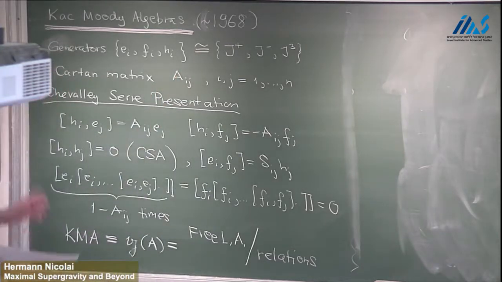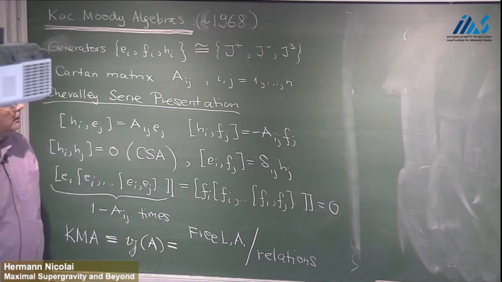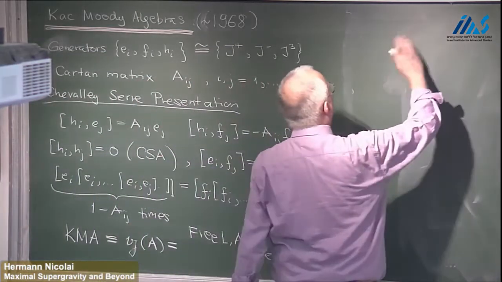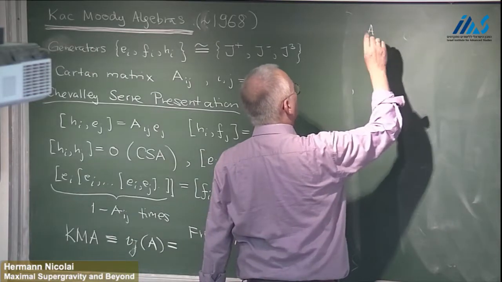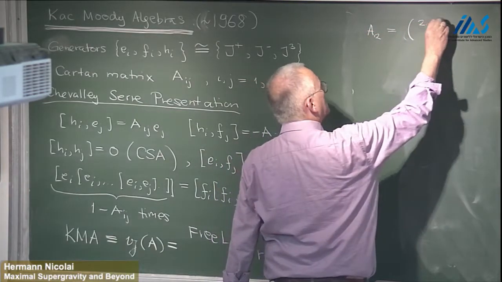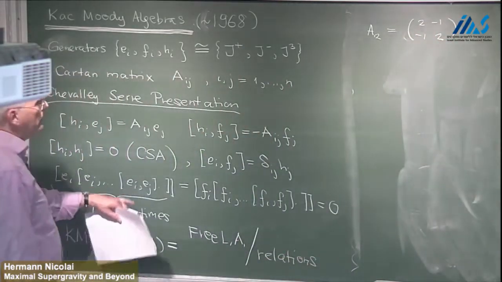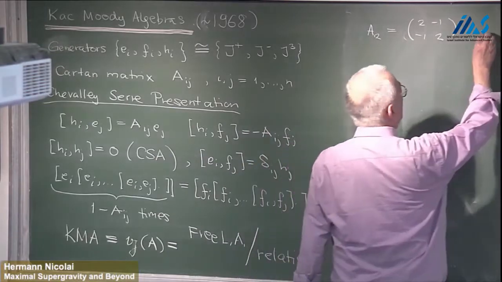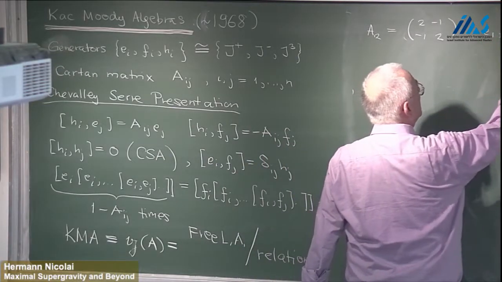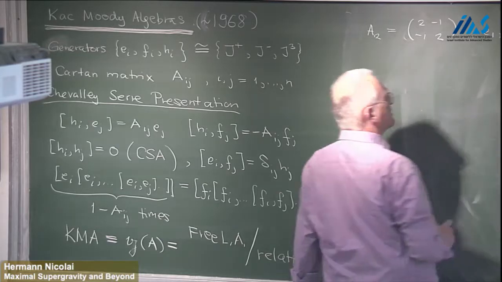So for example, if there's a 0 here in Aij, it just means that these two things commute. So take a simple example, A2, with the following Cartan matrix. Then here you get E1, E2, and that's it.